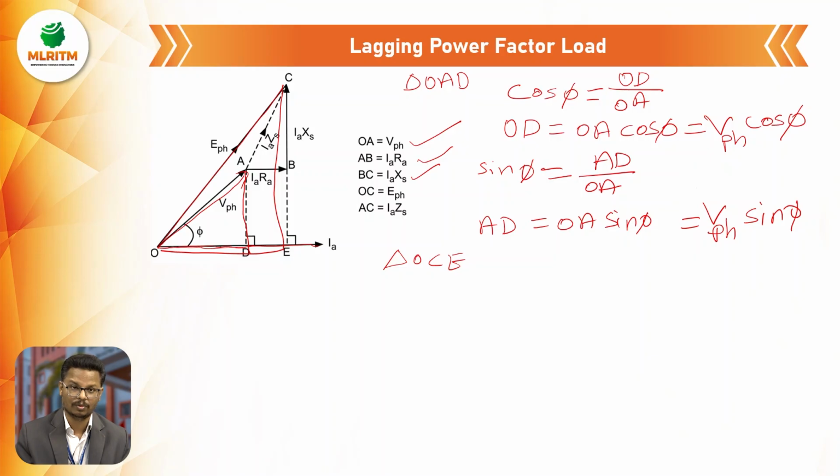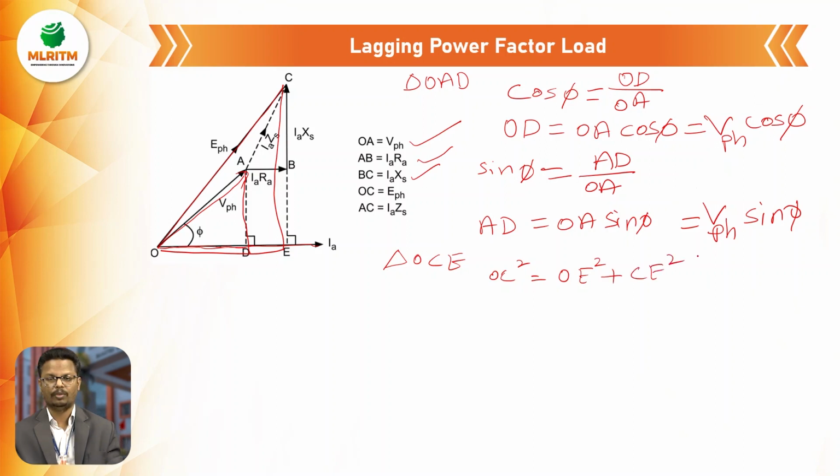Here the larger side is OC, so OC square is equal to OE square plus CE square. Here OE means E phase, so we can write E phase square.